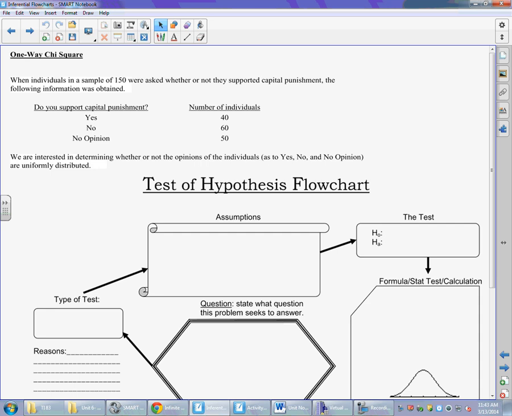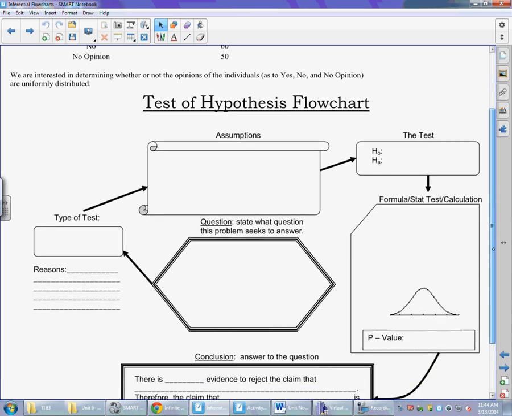So when individuals in a sample of 150 are asked whether or not they supported capital punishment, the following information was obtained. We're interested in determining whether or not the opinions of the individuals, yes, no, no opinion, are uniformly distributed. So that's a GOF.